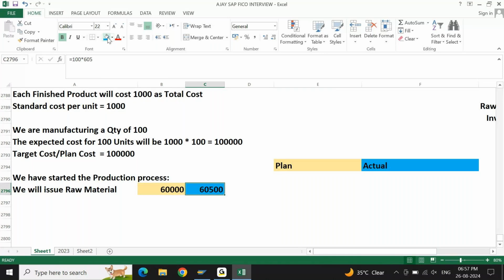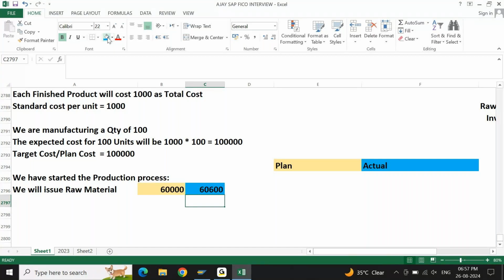So 600 multiplied by 100 is supposed to be 60,000, but due to some reason, let's say I used one quantity excess. Let's say during the manufacturing process, this is a sensitive item, or one unit is broken down, one unit is damaged.